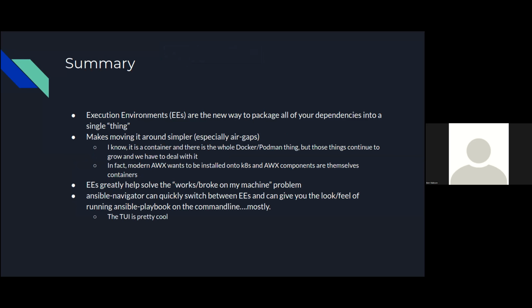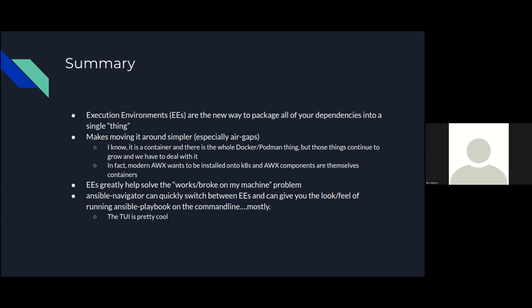I understand why they made it. Back in the day, batteries were truly all included. All the modules and content, a lot of the stuff was included back in Ansible. They've changed that. I talked earlier in a previous talk about collections and how they moved a bunch of that stuff out of the core because they wanted the people who maintain the Windows collection or the Azure collection to be able to maintain that outside of core, version it at their own pace, and be able to bring it back in.